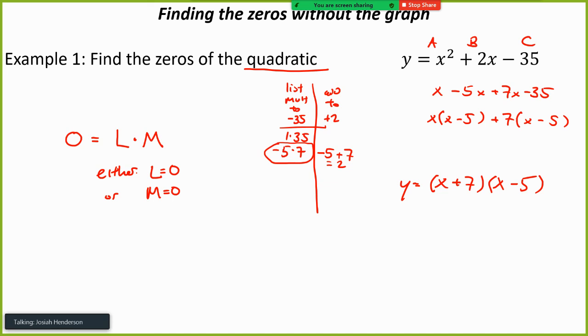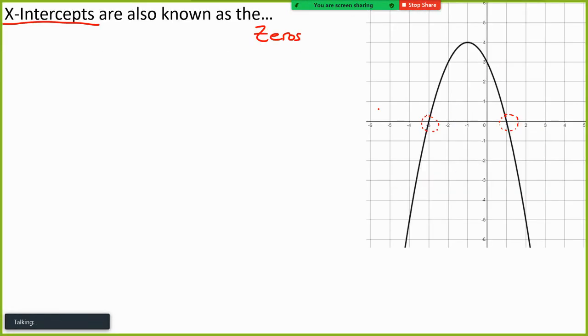Now look back over to the right, and that's what's happening here. When we're trying to find the zeros of our quadratic, we've got parentheses times parentheses equals 0. Now, I have it written as equals y, but looking at the picture again, at this x-intercept and this one, what is the height there? That's y equals 0.